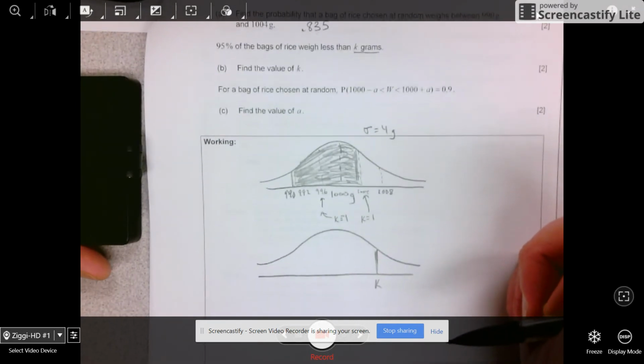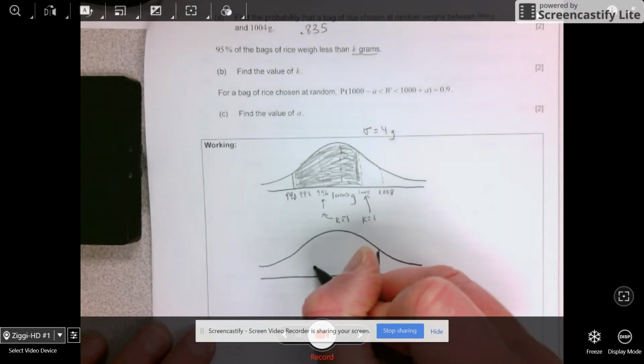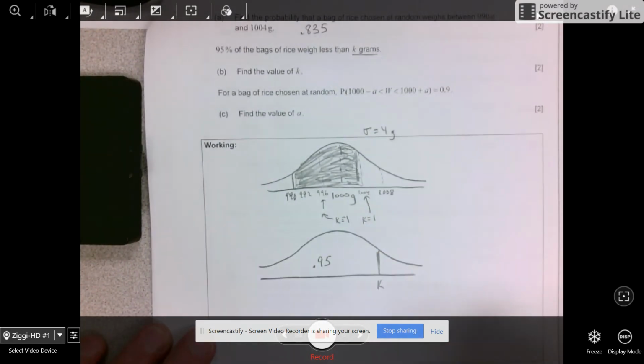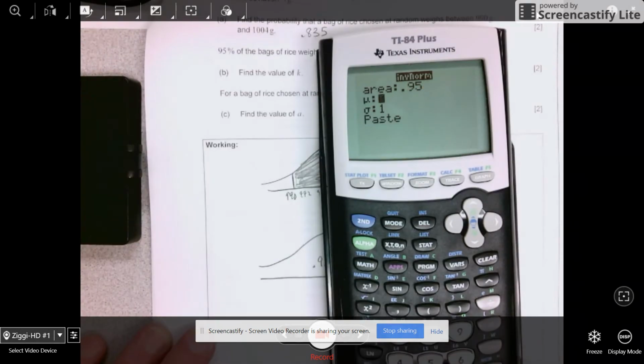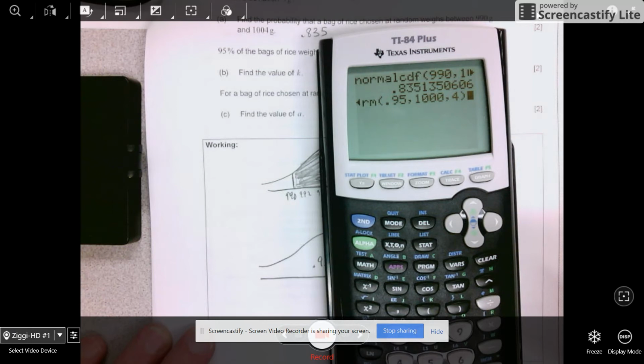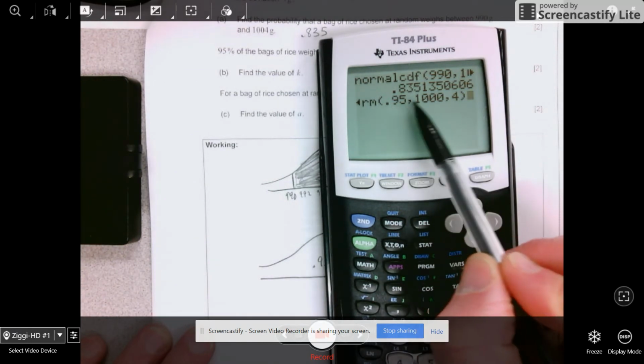So this time I know the probability, so I'm going to do inverse norm from my distributions. You enter the probability, which is 0.95. If you have a TI-83, it looks like this: inverse norm, 0.95, mean, standard deviation. That'd be 1,006.